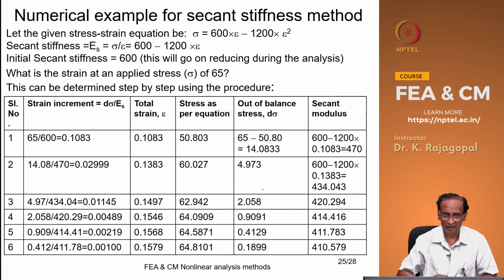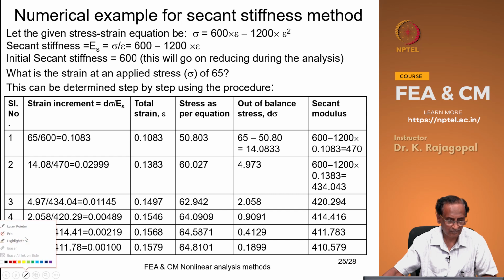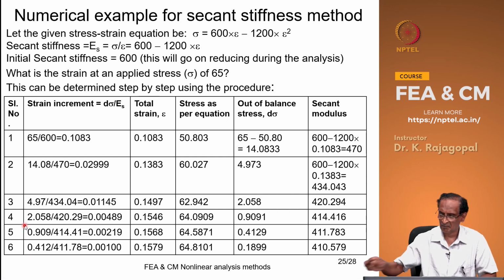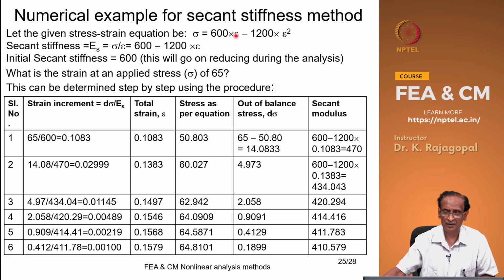There is another method called the secant stiffness method, wherein the secant modulus is calculated as sigma by epsilon. Our equation for sigma is 600 epsilon minus 1200 epsilon square.